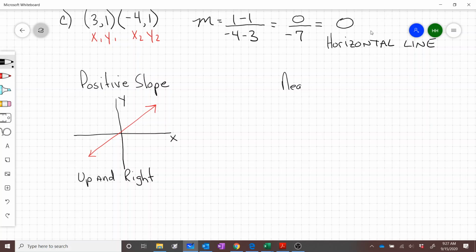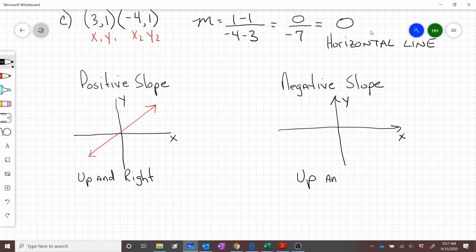Negative slope lines go up and to the left. So anything like this, it's got a negative slope.